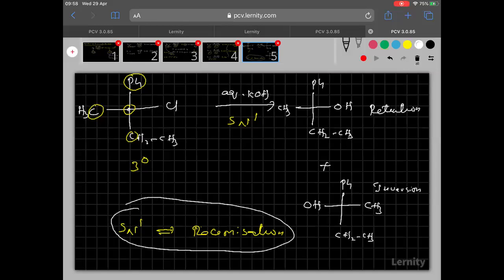SN1 always leads to what? Racemization. Is it clear?